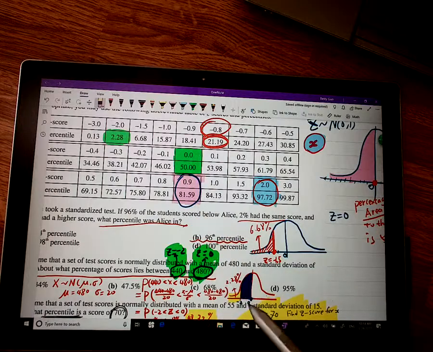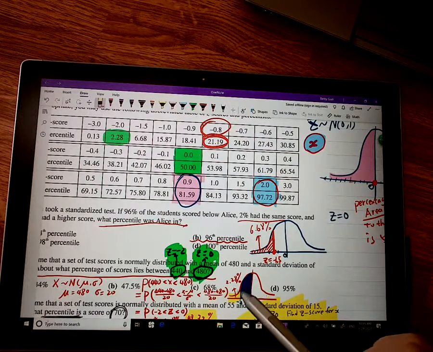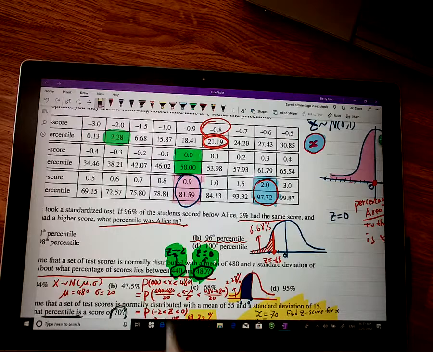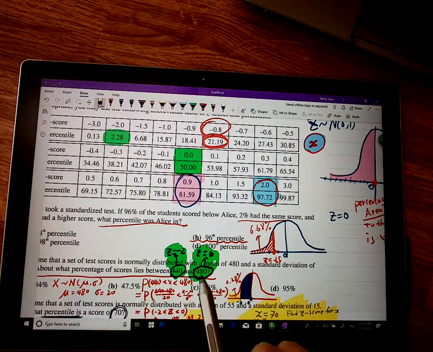So look at this diagram, the yellow region and the blue region together, 50%. So we have 2.28% of values below 440, 50% below 480. Then how many percent between 440 and 480?